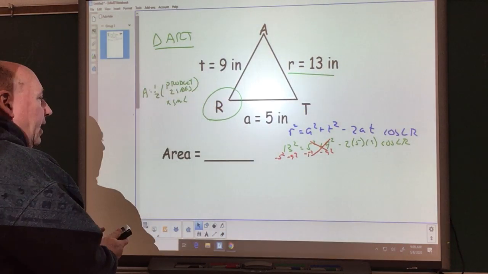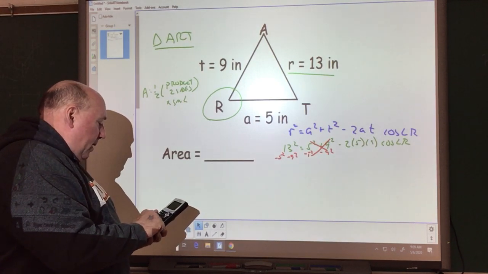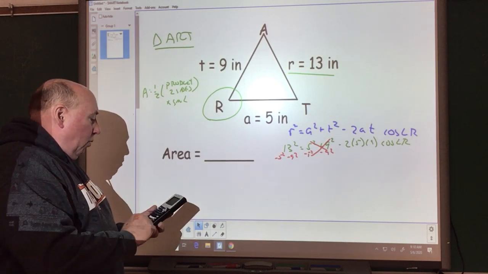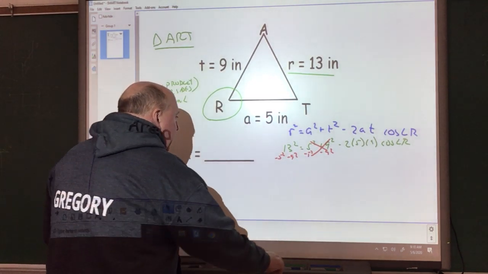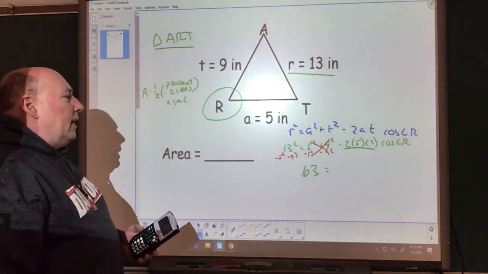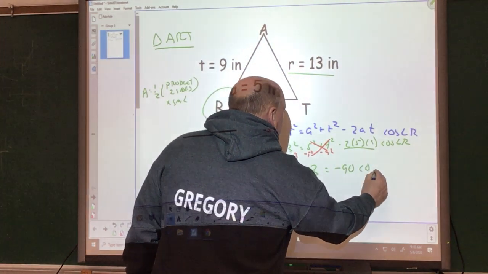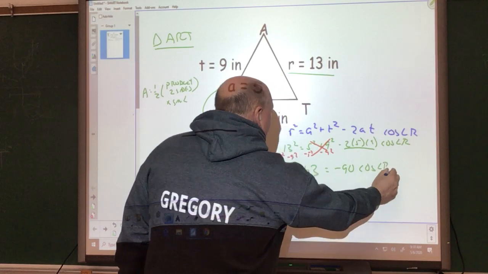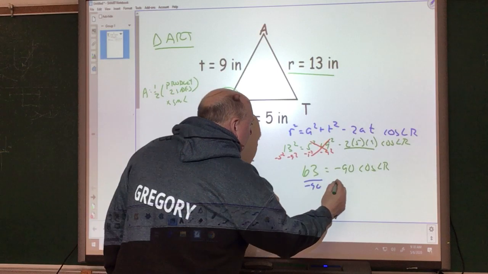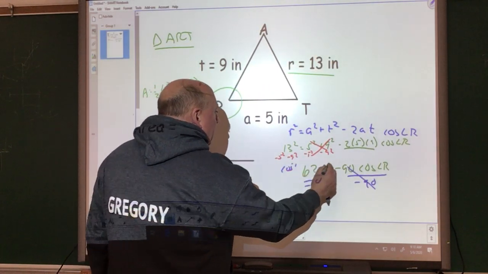So on my calculator, I have 13 squared minus 25 minus 81. We get a value of 63. And over here, we want to calculate negative 2 times 5 times 9, which gives me negative 90, times cosine of angle R. So we can divide both sides by negative 90, and then we'll take the inverse cosine.